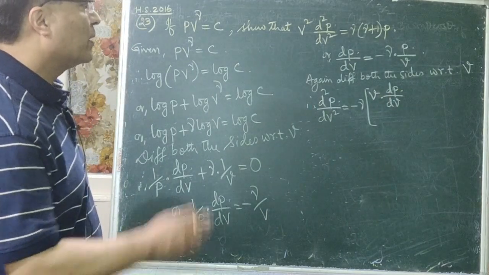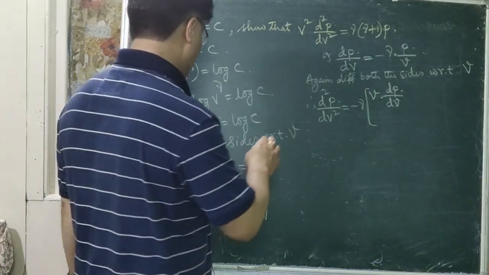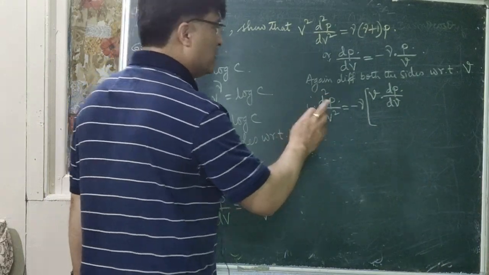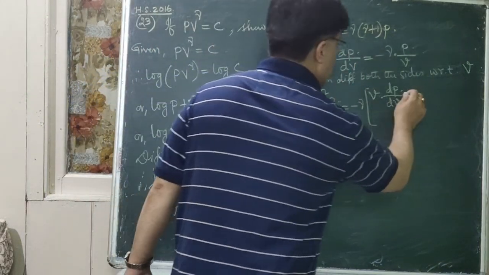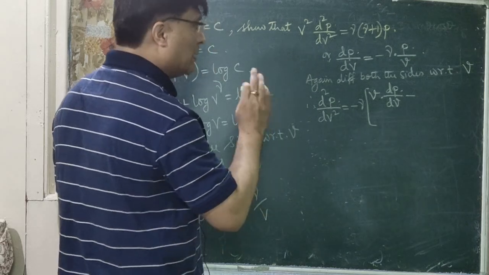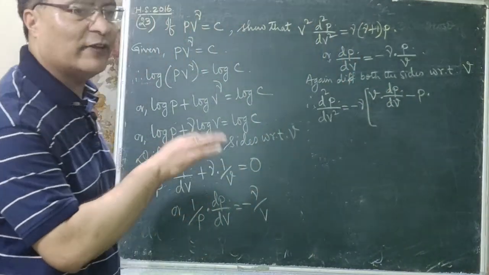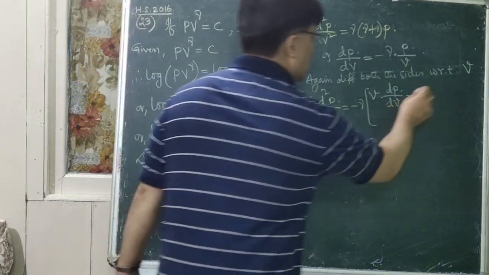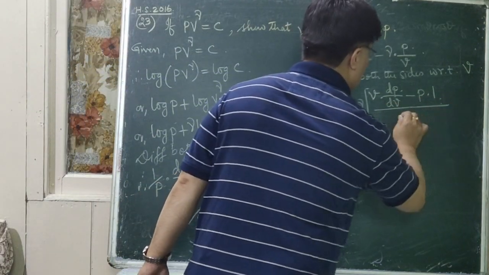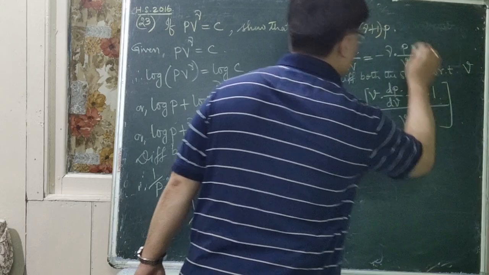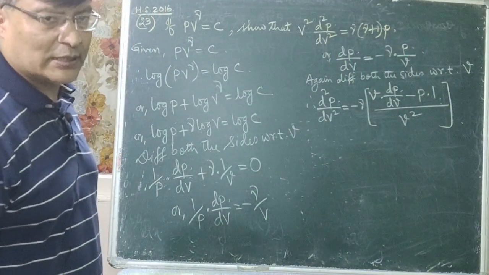Is that clear? V into dp by dv. Then next minus. Now p is kept as it is into, now differentiate v with respect to v. What is it? It is always 1 whole divided by v square. So I think you have understood it.